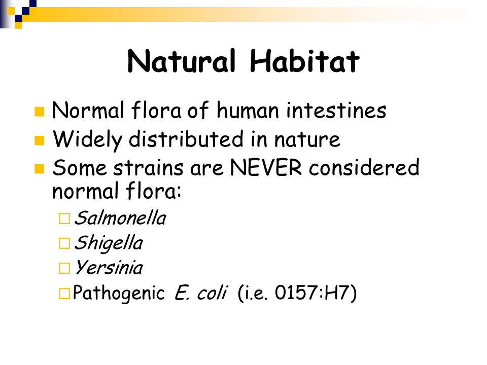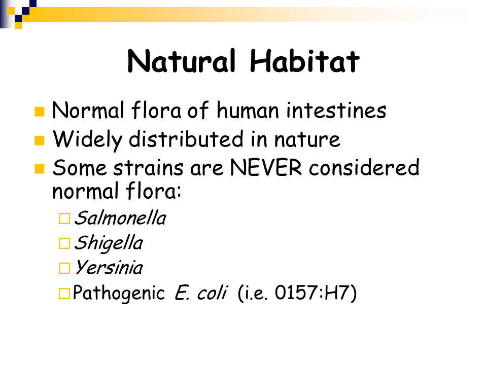Now again, we already said that a lot of these organisms have their natural habitat in the human intestines. They are distributed widely in nature, but there are some organisms that are never considered normal flora, and we already mentioned these. These are the pathogens. They're always considered pathogens: Salmonella, Shigella, and Yersinia.